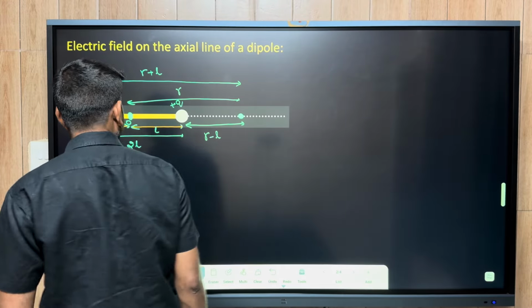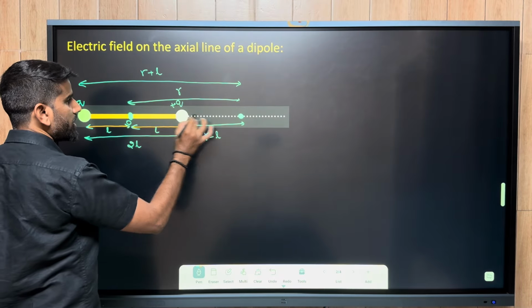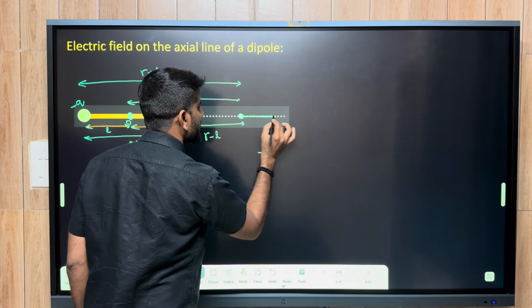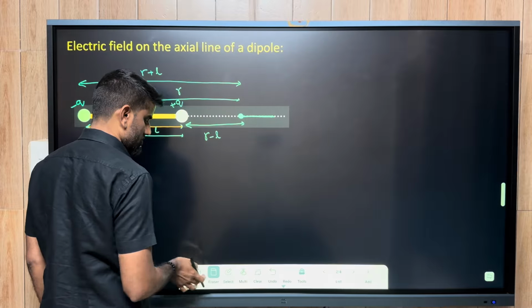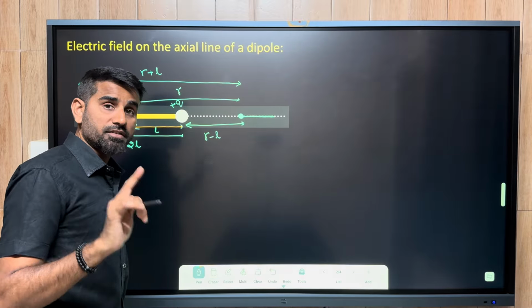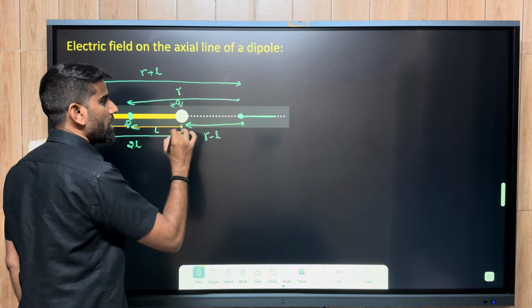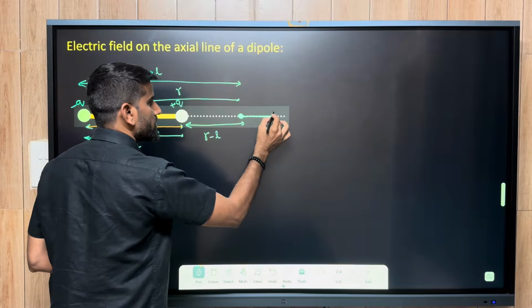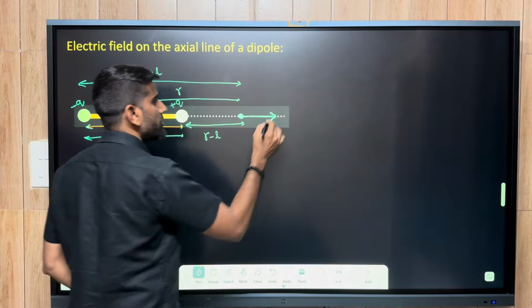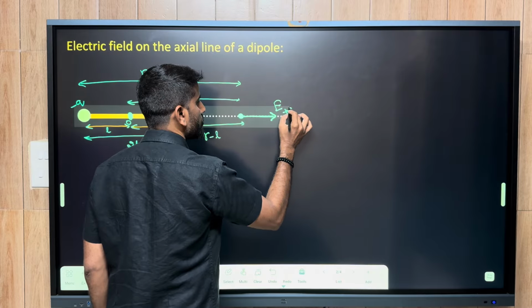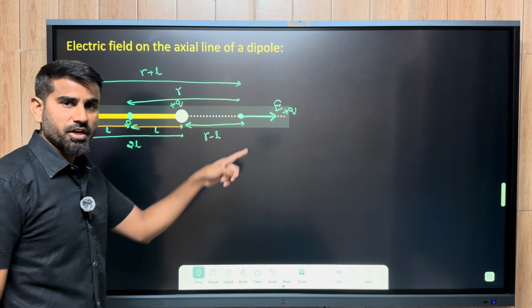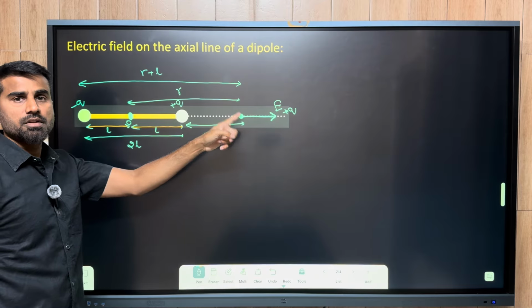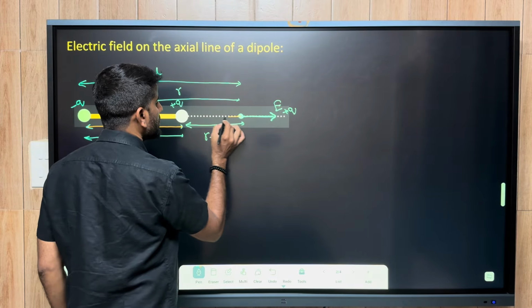Let's move ahead. The electric field at this point due to positive q charge will be in this direction, to the right, because electric field always points away from the positive charge at the point of interest. The negative charge also creates a certain amount of field at this location, and that field will be to the left.